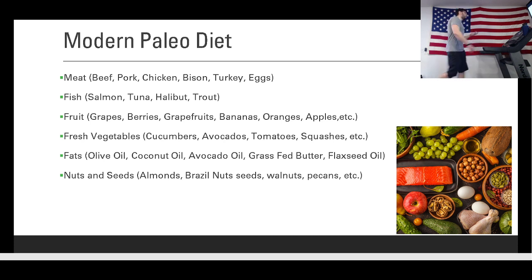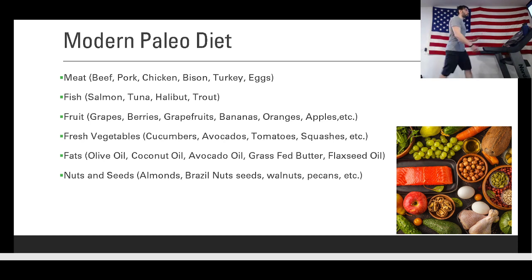To be honest with you, these are all things that you would find in a typical, good, healthy nutrition, right? These are all staples of my nutrition right now. And I don't follow a paleo diet, and I have tried paleo, by the way.